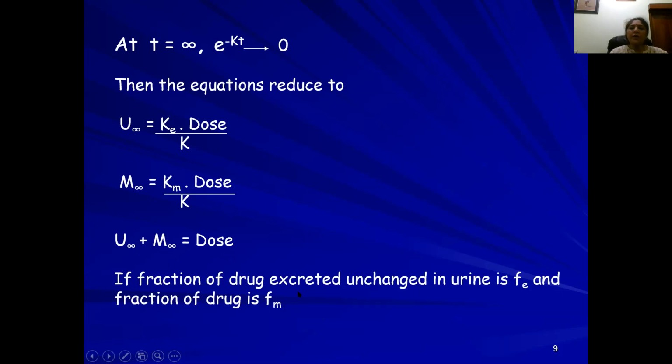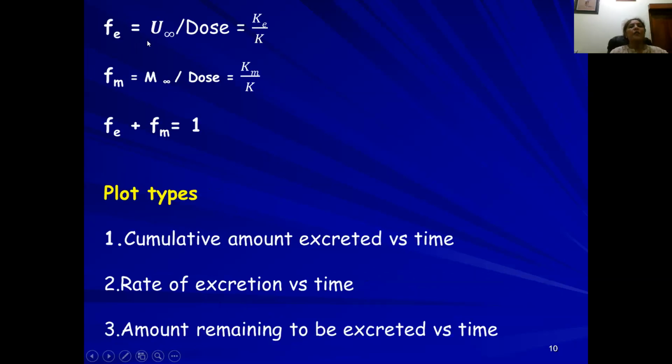If the fraction of drug excreted unchanged in the urine is Fe and fraction of the drug metabolized is Fm, Fe is equal to U infinity divided by dose, that is equal to Ke divided by K. And Fm, that is fraction of the drug metabolized, is equal to M infinity divided by dose, that is equal to Km divided by K. Fe plus Fm is equal to 1.